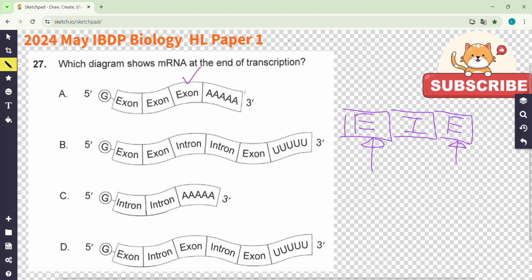So you never have two exons together before transcription or at the end of transcription. This is important. In some way we will remove the intron, right? And this process we call splicing.